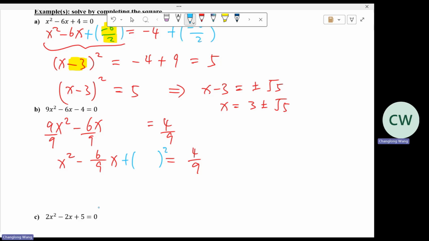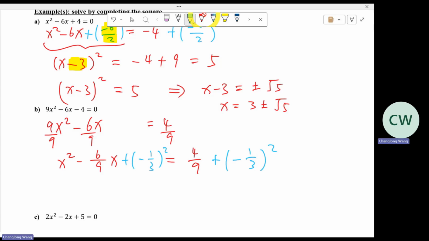So literally half of the linear coefficient. You guys get that? I got a -1/3, and that will be the number here. And make sure that you're going to balance out the equation by adding the square of -1/3 on the other side.